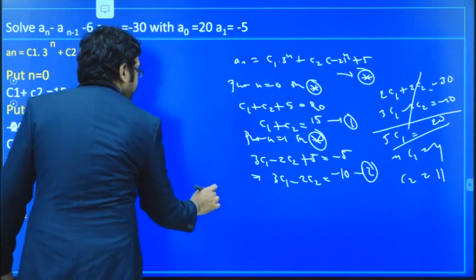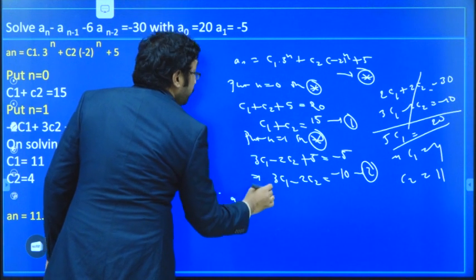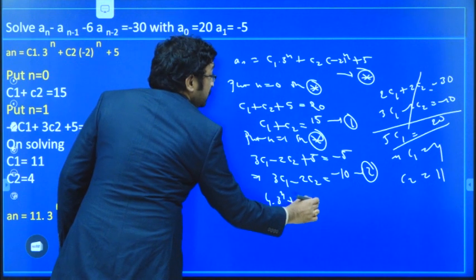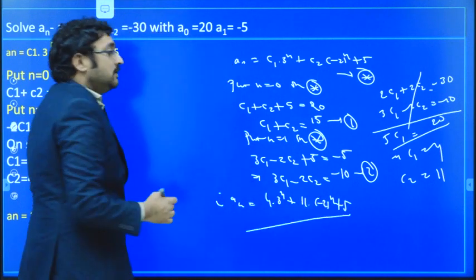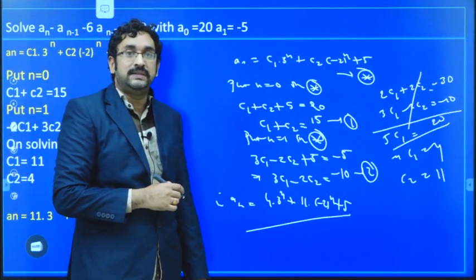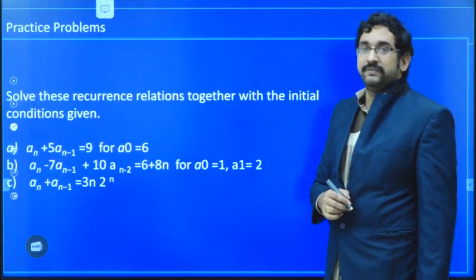Therefore, substituting here, an equal to 4 into 3 power n plus 11 into minus 2 whole power n plus 5. So this is the general solution for the given non-homogeneous recurrence relation. Here some practice problems are given.